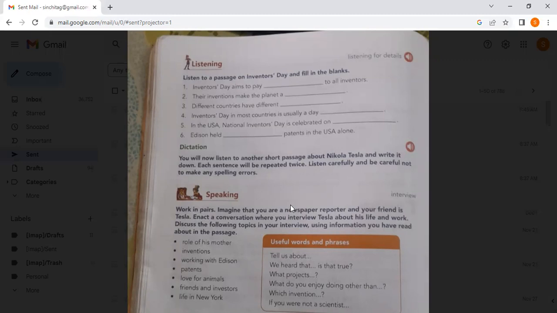Please listen to the passage of inventors. Miss, I have not heard the passage of Inventors Day. You don't have to hear it. Just use your common sense. You will be able to answer some of them at least.